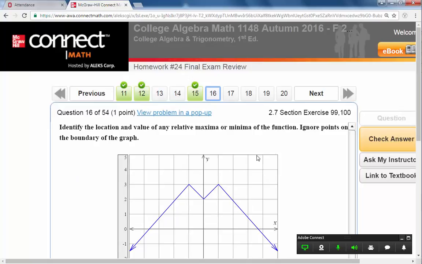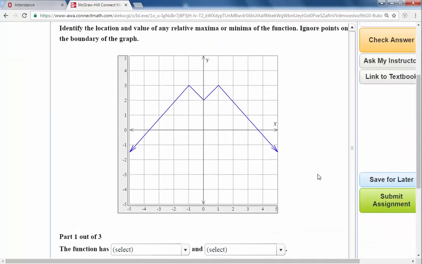Number 16 is about finding maximum and minimum of functions. Maximums are the summit points, like mountain-looking objects. So you're going to find the highest point, the biggest elevation on this path. That will be your maximum, or maximums, okay?